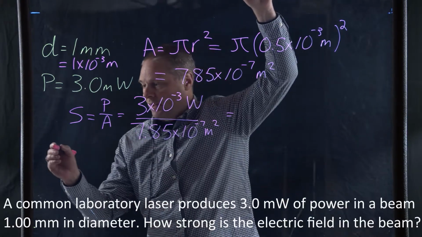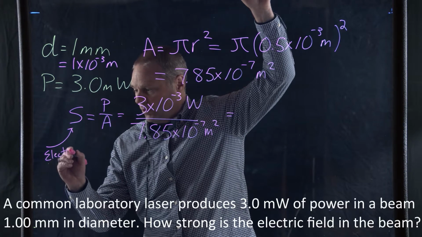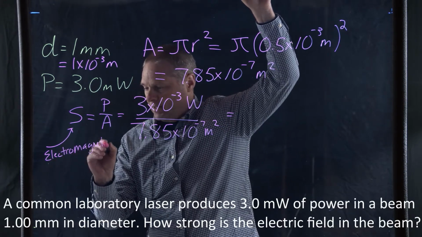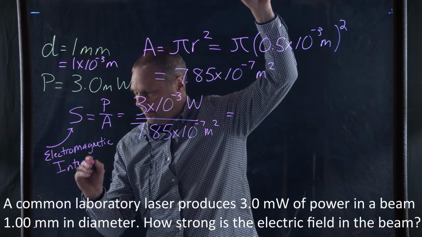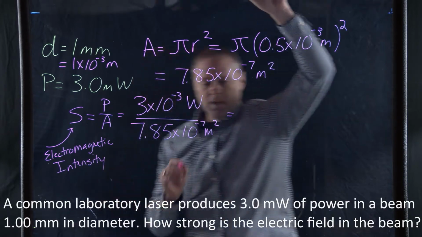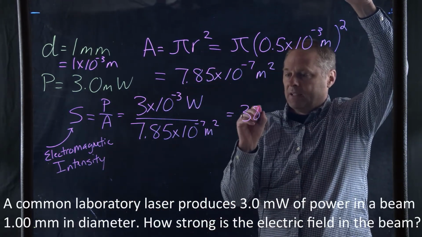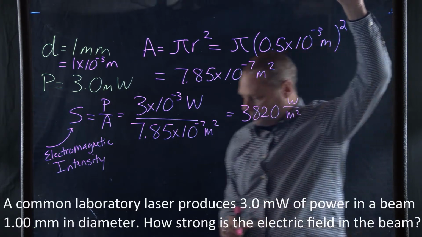Once again, S is the electromagnetic intensity. Now we do that calculation, and we get 3820 watts per meter squared.